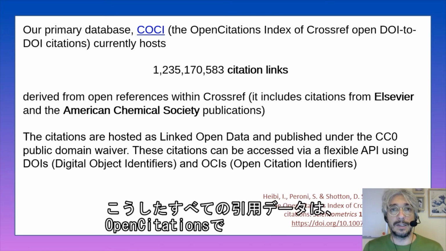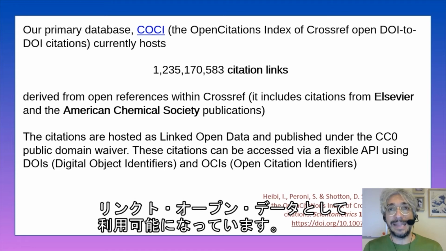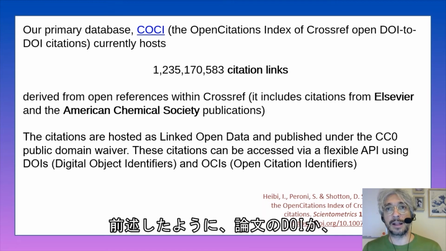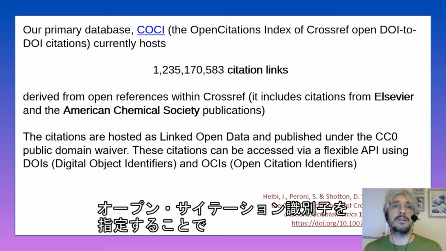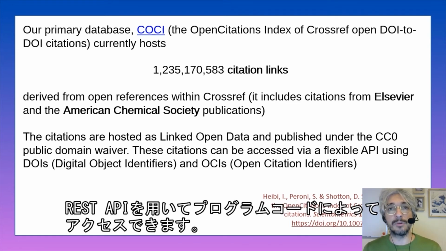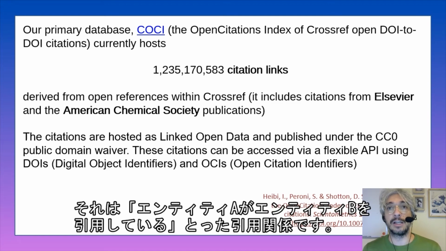All these citations have been made available as linked open data by OpenCitations and can be accessed programmatically by using, as I mentioned before, our REST API by specifying either the publication DOI of a specific article you are interested in or an OpenCitations Identifier, which is an identifier we are maintaining that enables to identify a whole citation, that is the relation entity A cites entity B, so the whole thing.